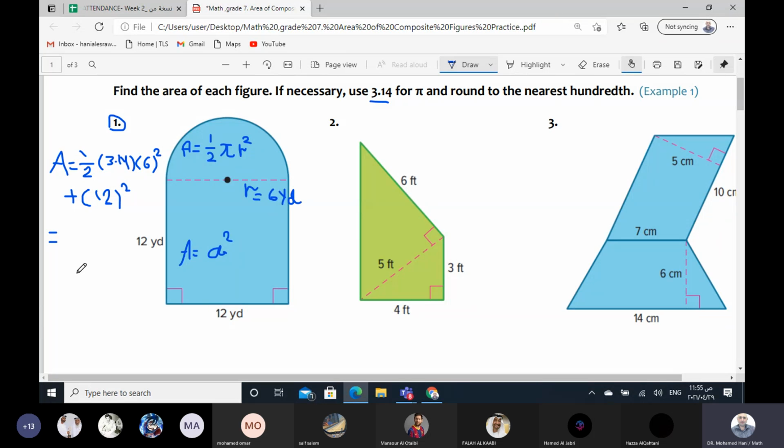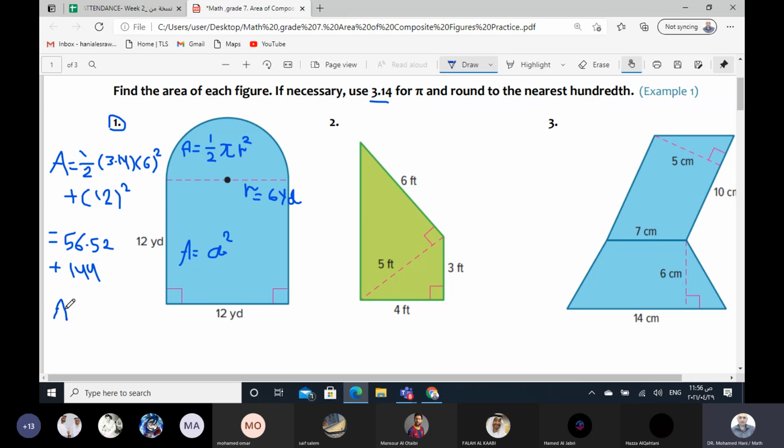Now we can calculate. 6 squared means 6 times 6, which is 36, times 3.14 equals 113.04 divided by 2. The answer will be 56.52, plus 12 squared, which means 12 times 12, will be 144.